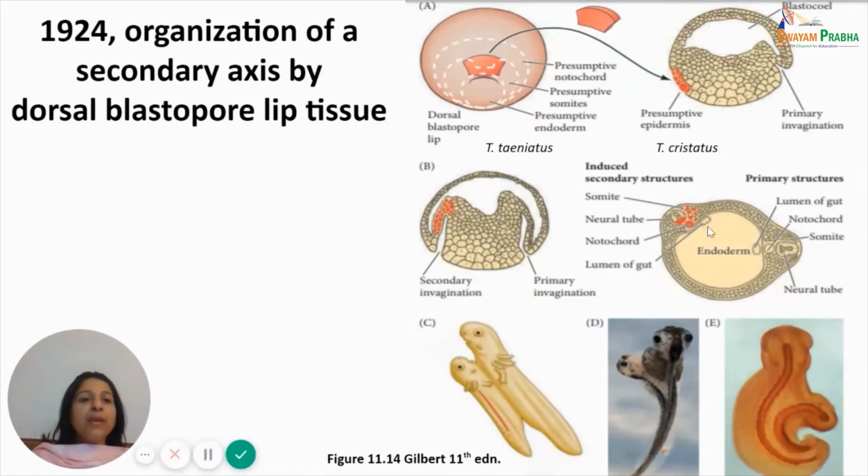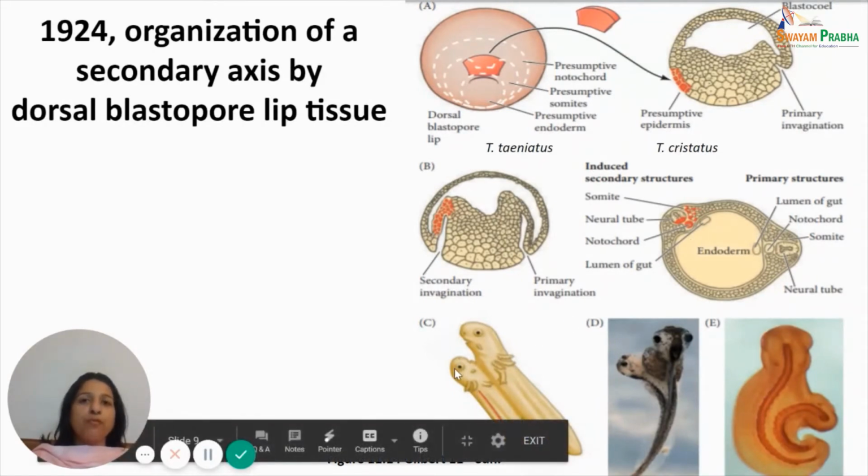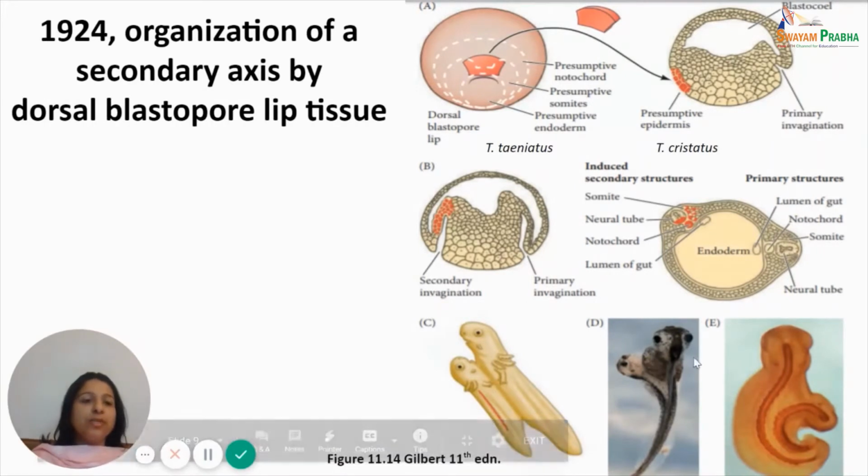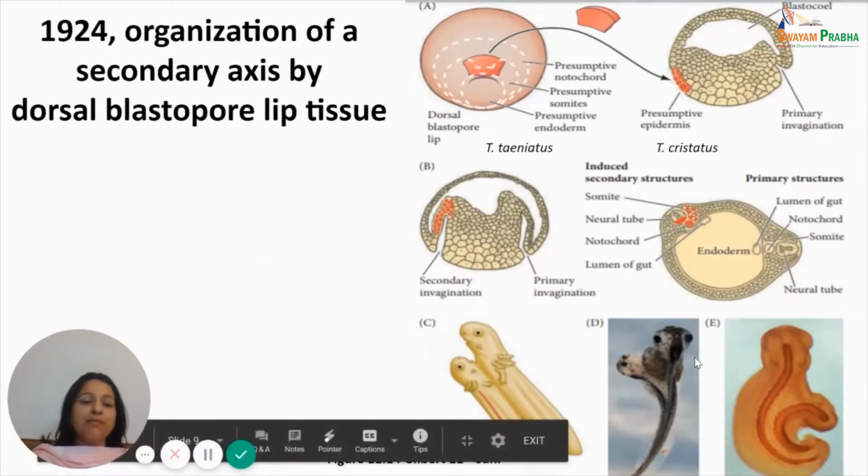The secondary embryo was beginning to be formed and ultimately a complete secondary embryo was formed face to face conjoined with its host embryo. Similar experiments have also been done to produce secondary embryos in other amphibian species, in Xenopus also.